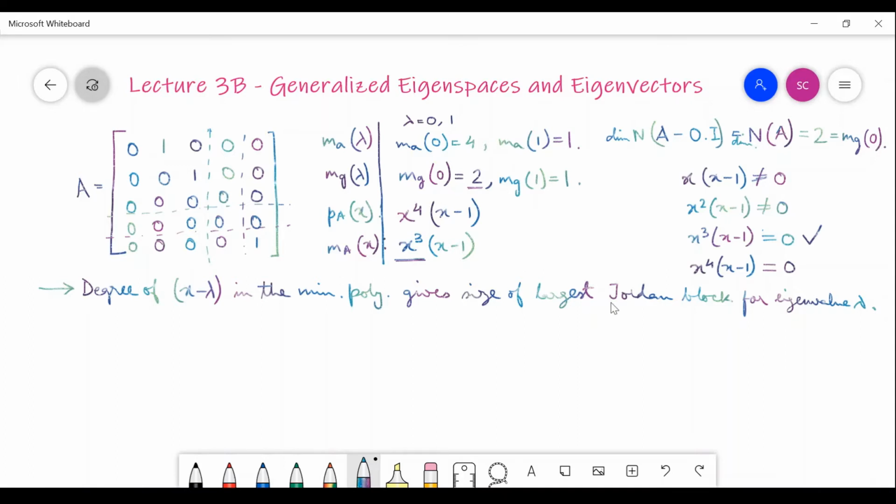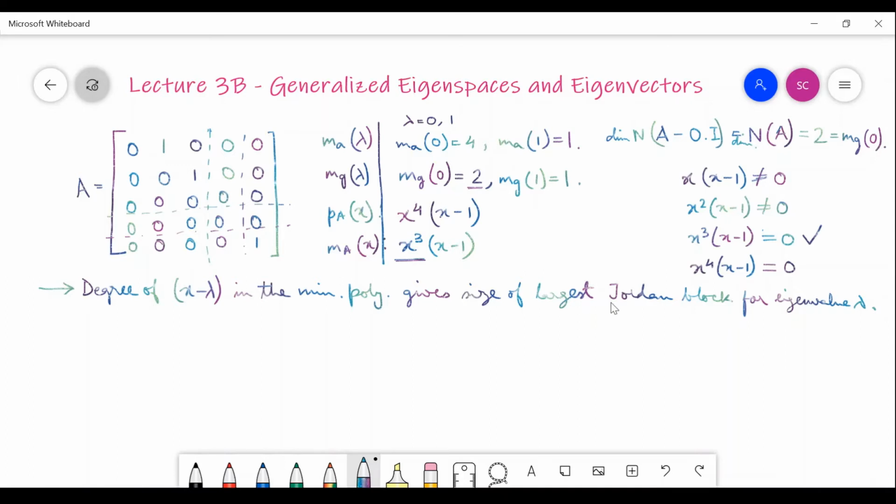Actually there is no Jordan block in this case, because all Jordan blocks are of size 1. So there is no super diagonal in this case. If such a case happens, which is very rare actually, when algebraic multiplicity and geometric multiplicity are the same, that is the situation when we will be able to completely diagonalize a matrix.